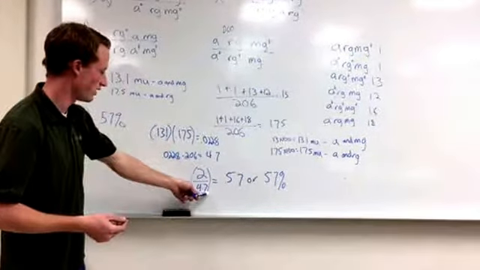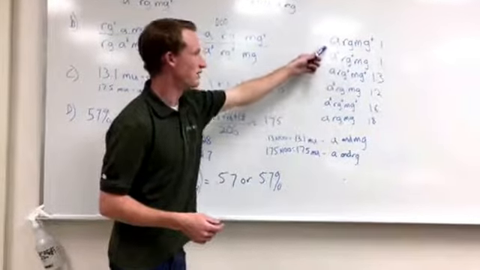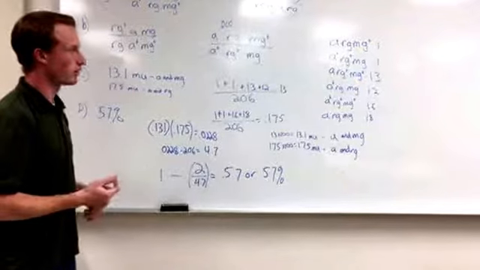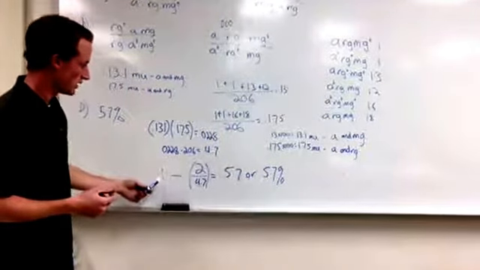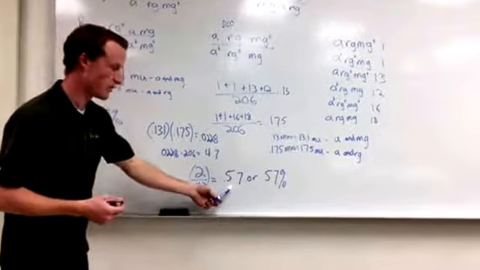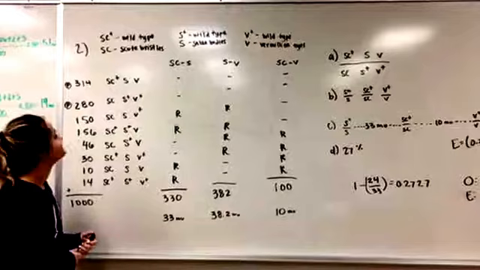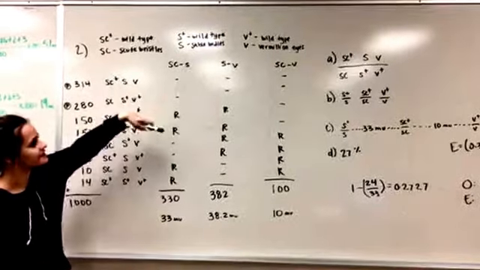So we put that down here. And then 2 is the addition of these two double crossovers, and that's the actual outcome that we see versus the expected. So we put the actual over expected, it's 1 minus that value, and that gives us 0.57 or 57%.